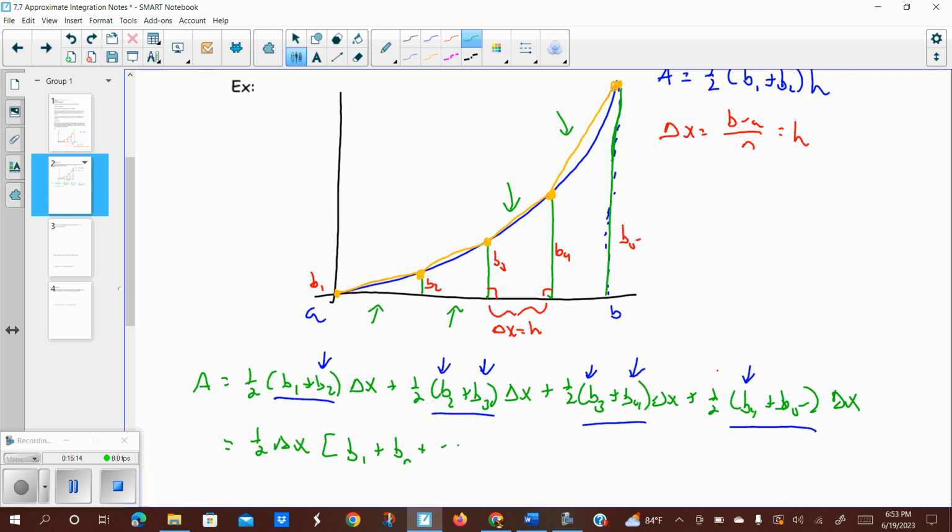So I'm going to multiply 2 times the sum of all of the interior bases, which is going to start with your second base, plus the third base, plus dot, dot, dot, all the way up till the base right before the last one, which is the n minus 1 base. And that's how you're going to use your trapezoid rule to be able to figure this out.